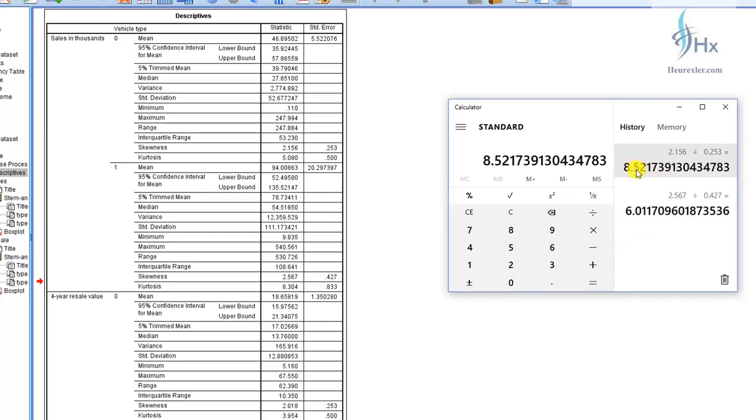So it's 8.52. It's again highly significant. So it means both automobiles and trucks are significantly selling at higher than the average sale price.